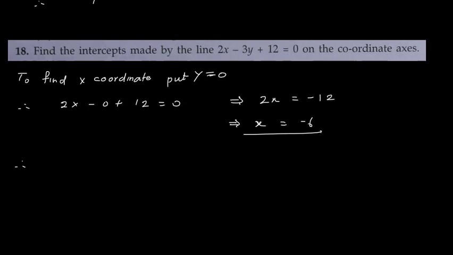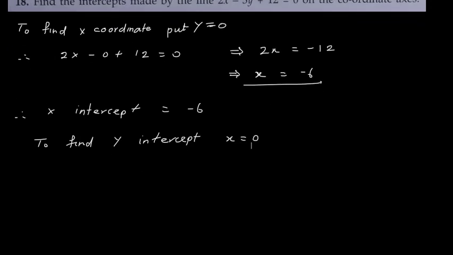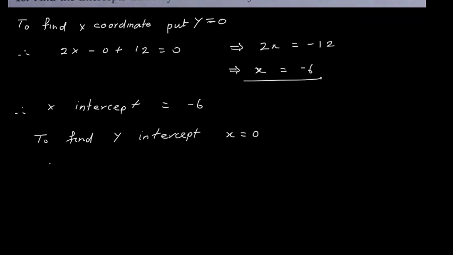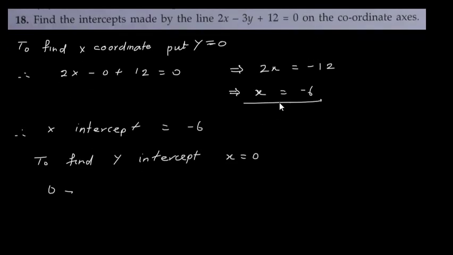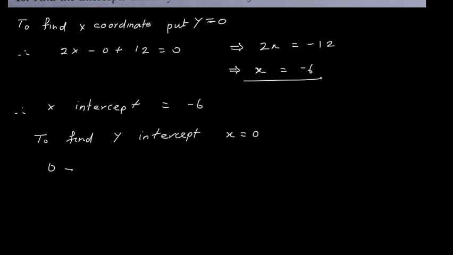So therefore I have x-intercept equal to minus 6, and to find the y-intercept, we put x equal to 0. So x we put 0, so this is 0 minus 3y plus 12.